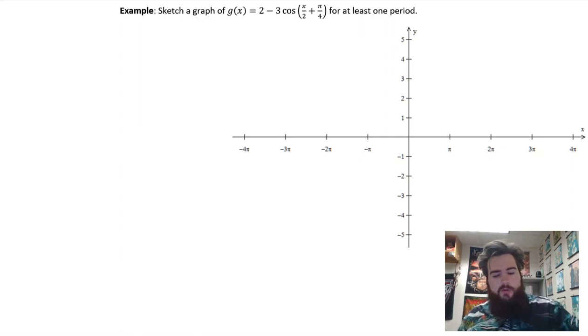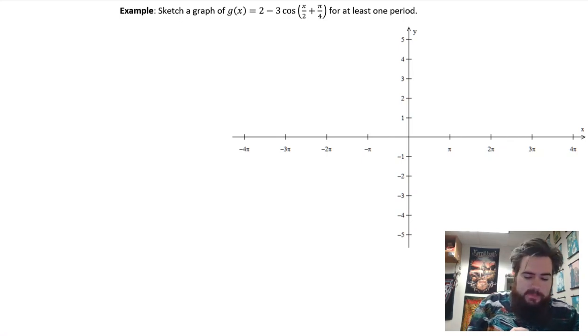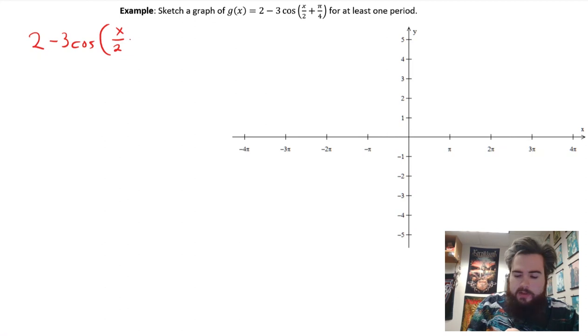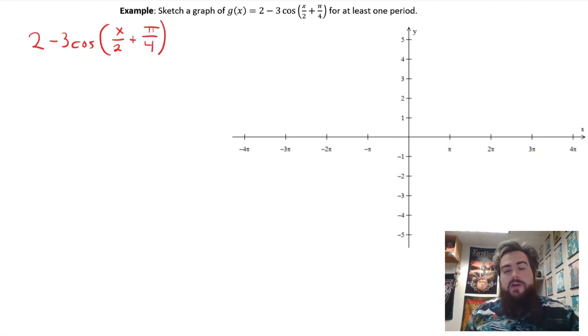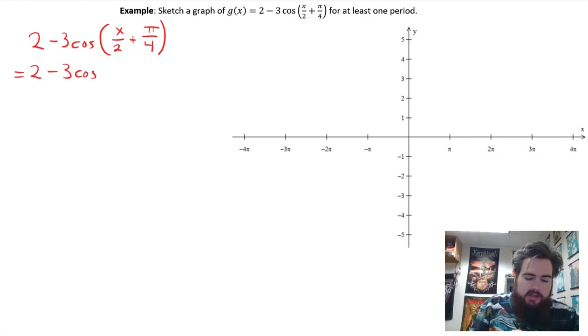First thing I'm going to do is factor out the effects of the period change from the inside of this function, meaning I'm going to take 2 minus 3 cosine of x over 2 plus pi fourths, and factor out on the inside the value that is multiplying x, which is that 1/2. Meaning I'm going to rewrite this as 2 minus 3 cosine of 1/2 times x plus pi over 2.